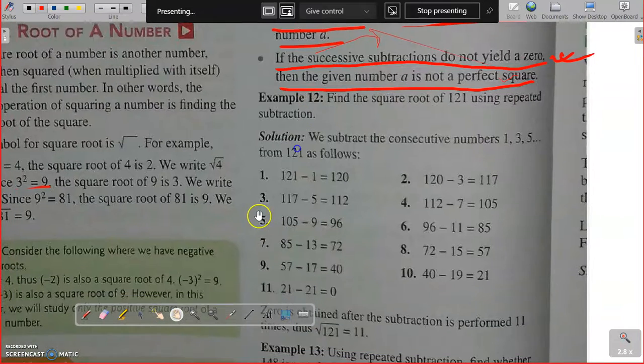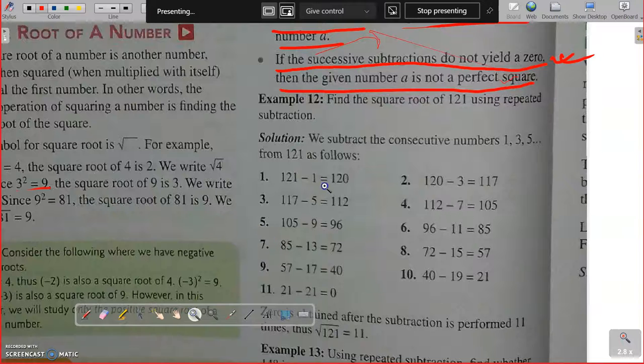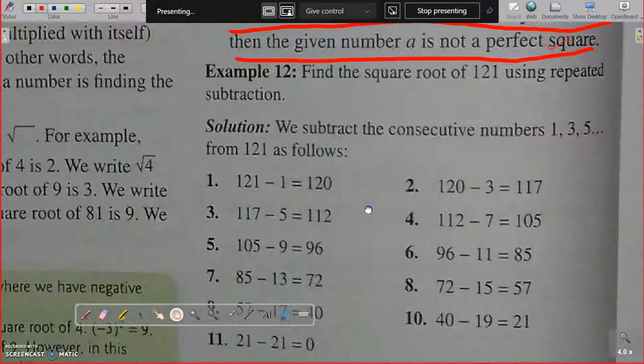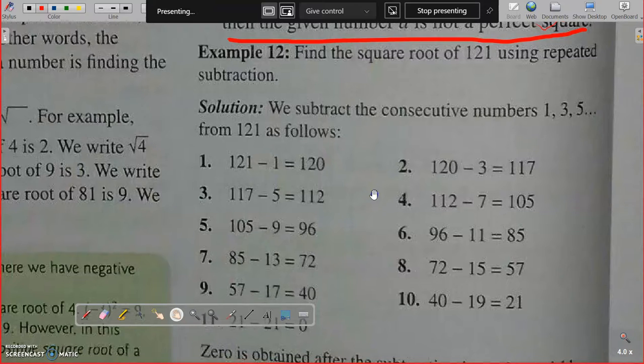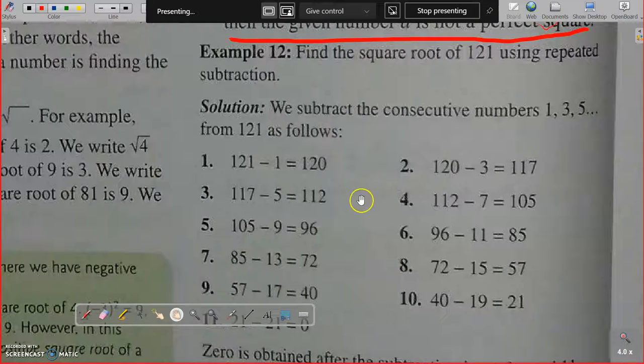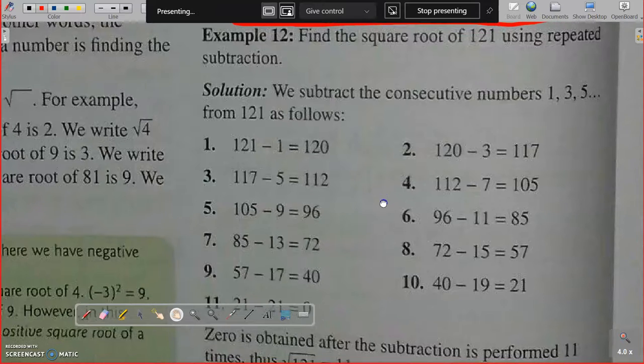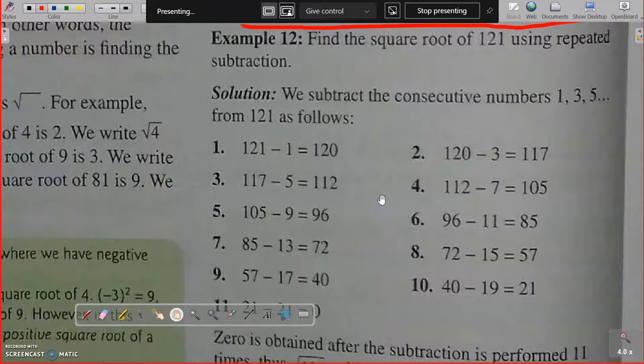Okay, so now we will move to example number 12. It says: find the square root of 121 using repeated subtraction. We subtract consecutive odd numbers 1, 3, 5 from 121 as follows.